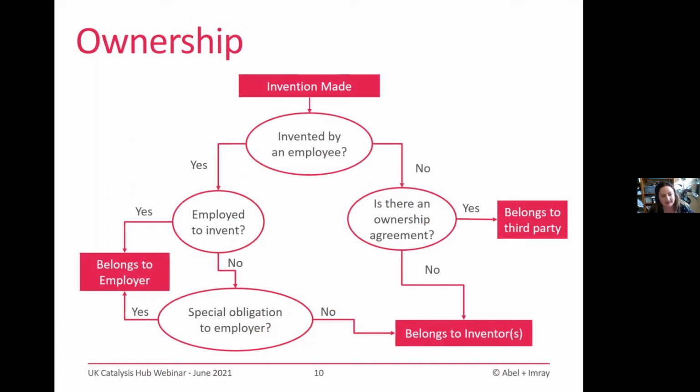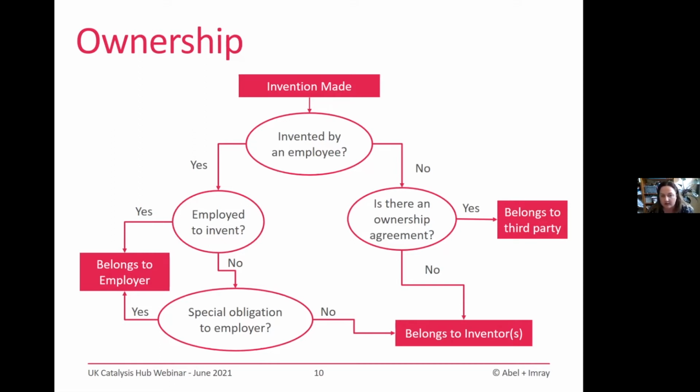However, this may change, and it's actually quite a complicated area of law, and it's very dependent on the specific circumstances. But I've created this flow diagram just to give you an idea of how ownership might move to different entities.